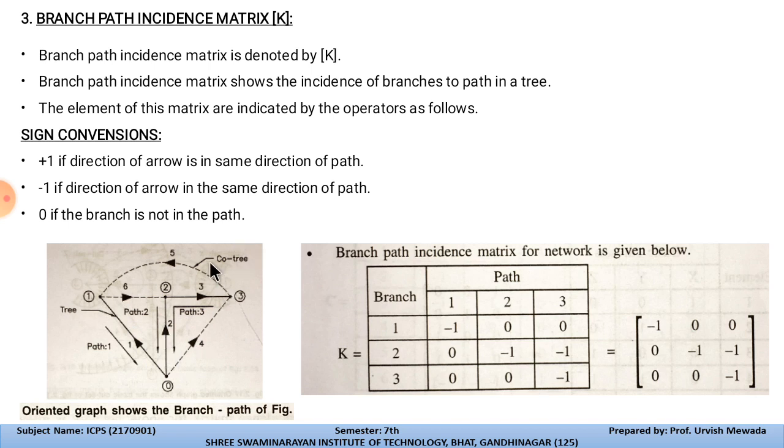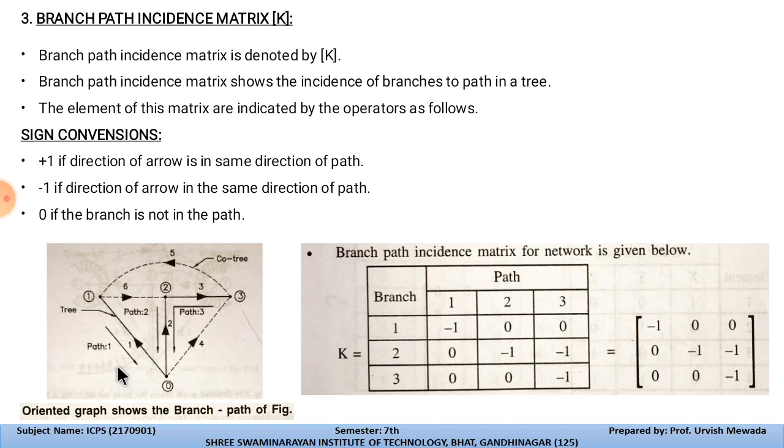This dotted line indicates the core tree, and this dark line indicates the tree of this particular oriented graph. Now in this branch path incidence matrix, we have the paths 1, 2 and 3. Now this is branch 1. For branch 1, the direction of the path and the operator are in the opposite direction. So here we will take minus 1.